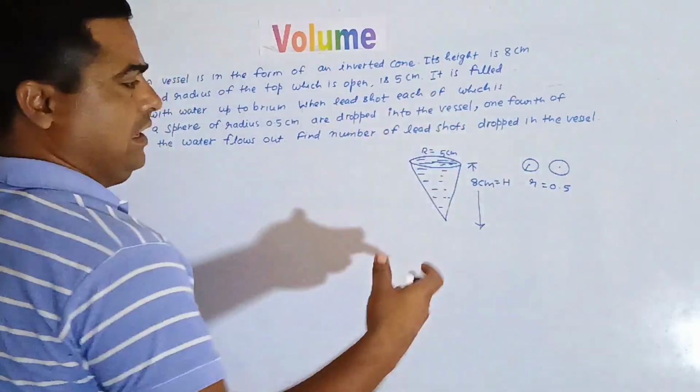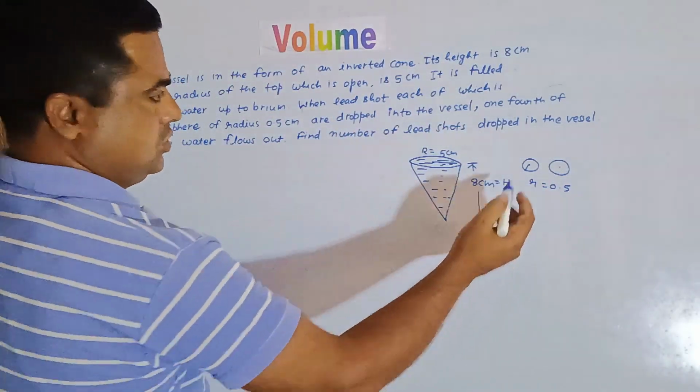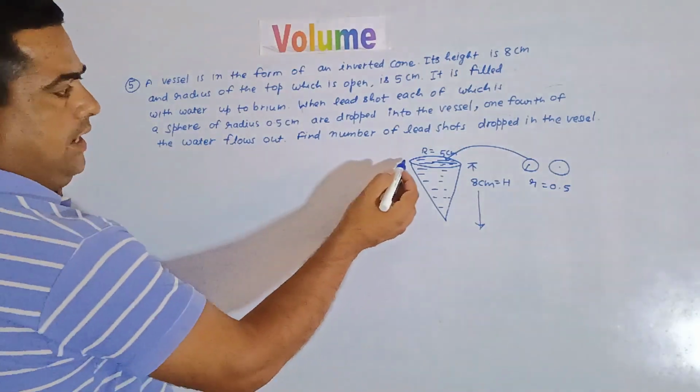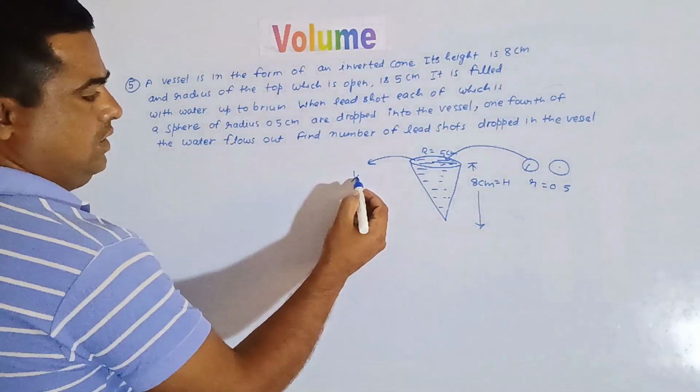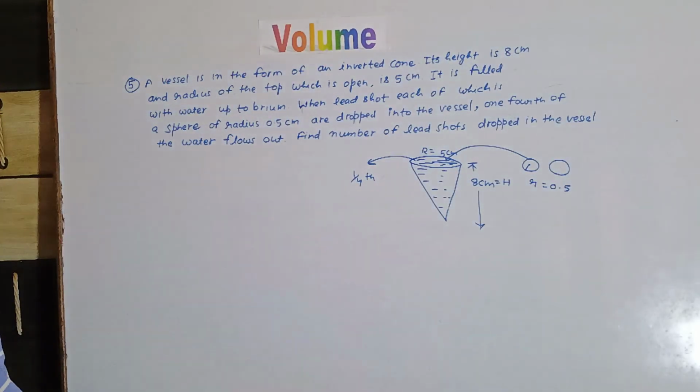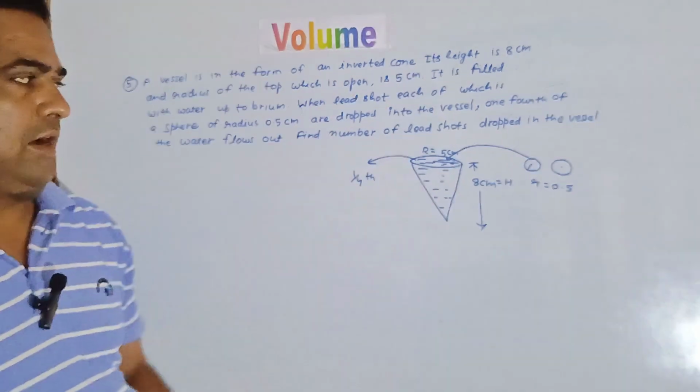We don't know how many lead shots there are. We have to find the number of lead shots. We are dropping these lead shots in the vessel, and 1/4 of the water is coming out from this vessel.